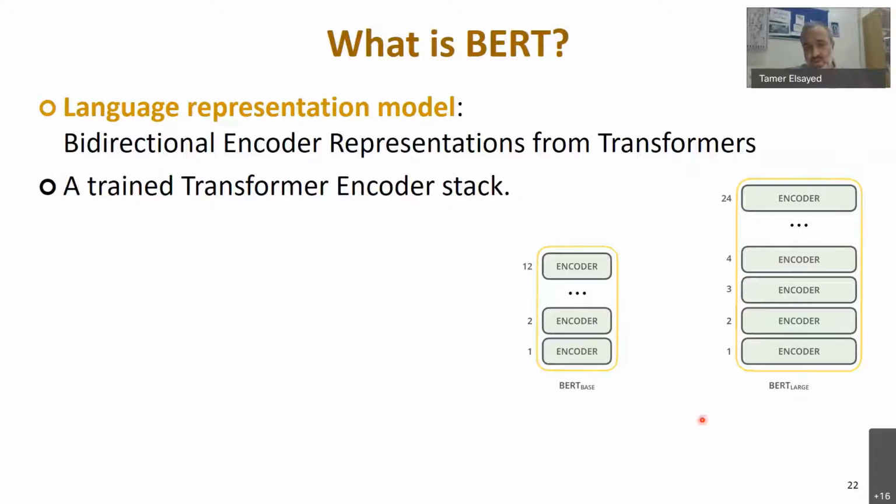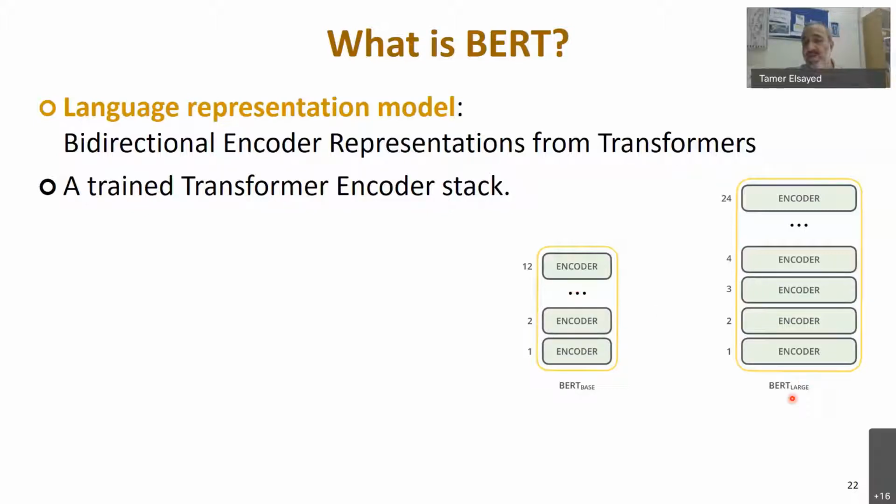So there are two, at least in the original paper, now I think there are more. There are two versions of BERT. One is called BERT base, which has only 12 layers of the encoder layers, the encoder stack. So 12 layers.